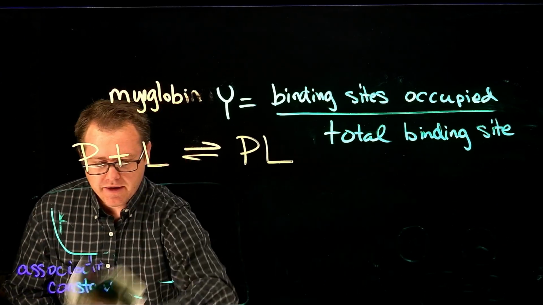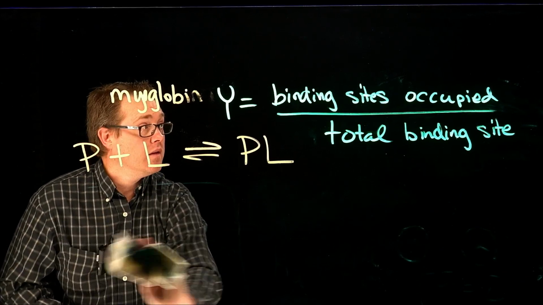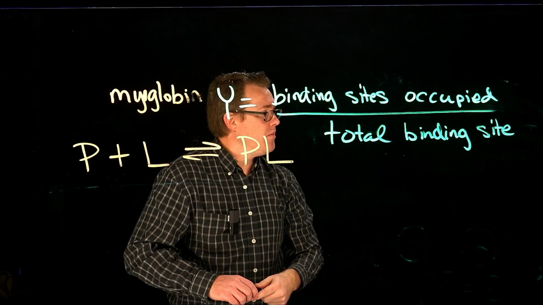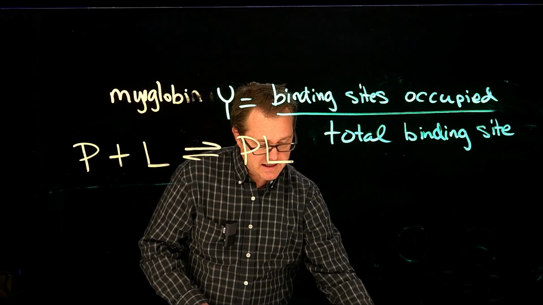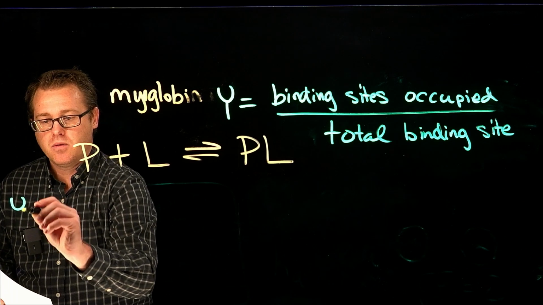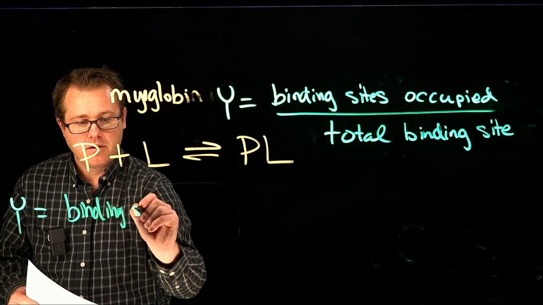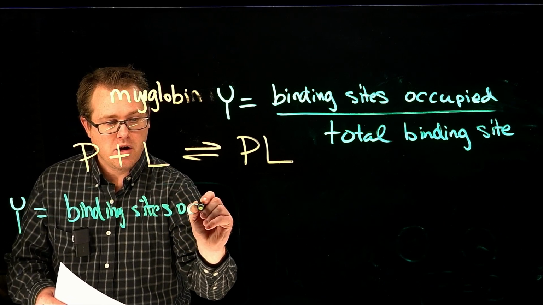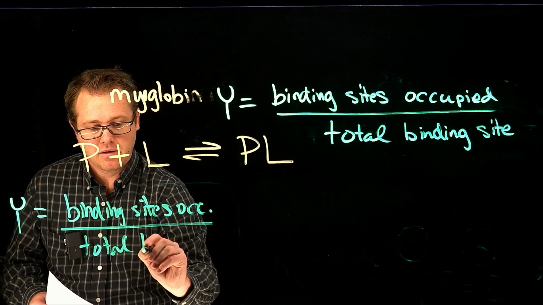space management here. So what we can say here is, I'll rewrite this equation: y equals the binding sites occupied divided by total binding sites.